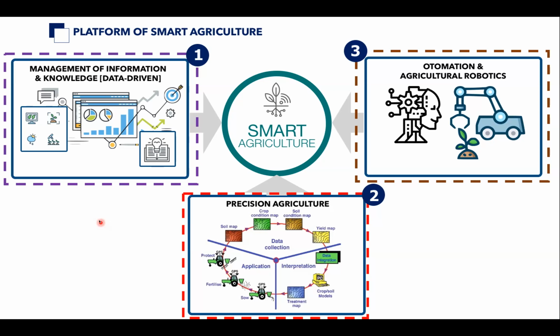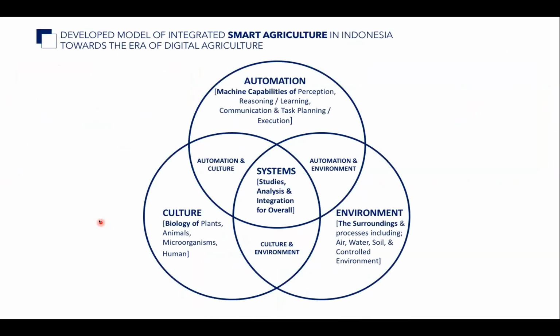We cannot jump to robotics technology or automation technology without developing the management system of information and knowledge, or designing precision agriculture. So these are the three steps, the platform of smart agriculture, and of course it differs from one area to others, to develop a model.